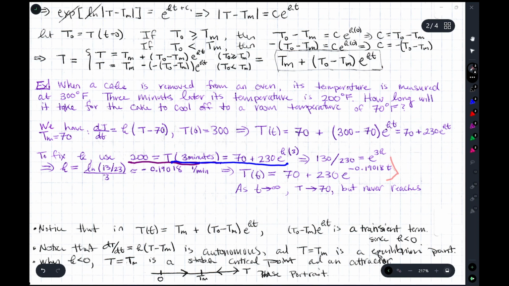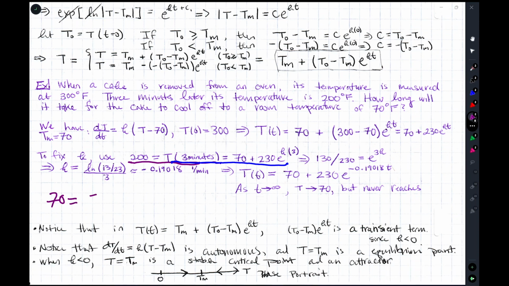Now, if you try to plug in 70 into here, if we do this generally, we would say 70 is equal to T at, let's just call it T sub 70, the special time. Instead of writing this again, I'll just put K of T just to make a point here.